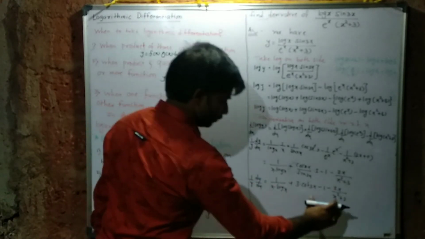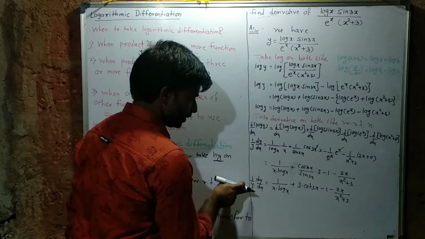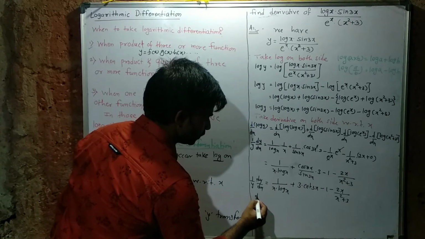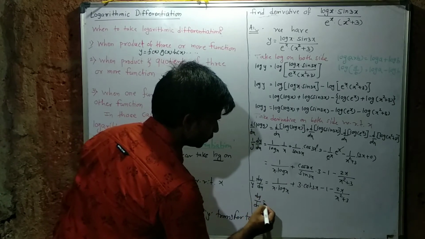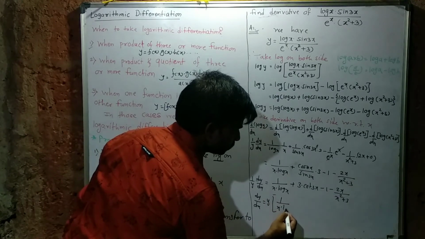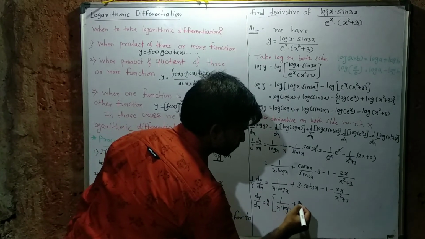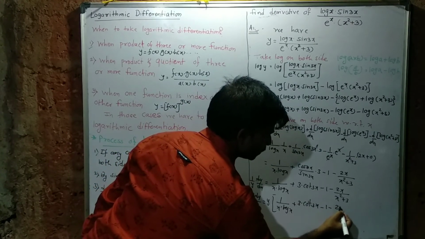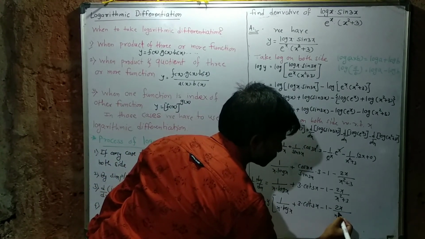Now the derivative is completed. We have to transfer this y to the right hand side. You will get dy by dx equal to y times the bracket 1 divided by x log x plus 3 cot 3x minus 1 minus 2x divided by x square plus 3.